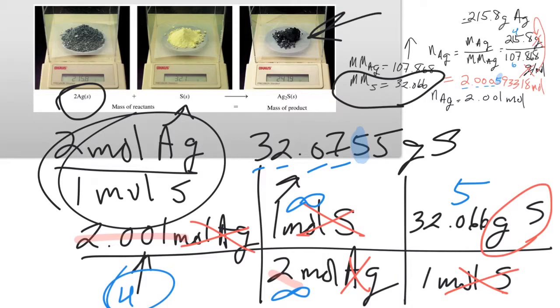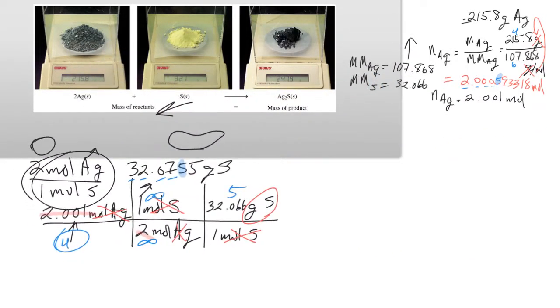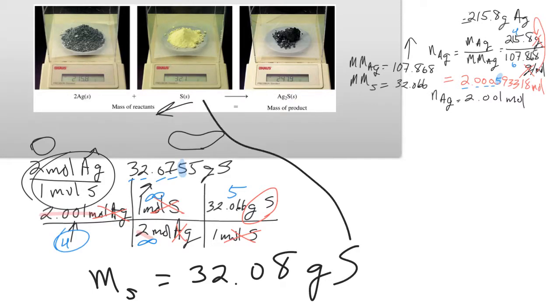So the mass of sulfur here is 32.08 grams of sulfur, which is essentially the same as 32.1 if you're rounding it to 3 significant figures or to the first decimal place. The balance there only goes to 1 decimal place, so it doesn't necessarily work as well. But 32.08 would technically be the correct answer. The balance in that picture is not good enough to show that level of precision. So as you can see, this one works out exactly as we would expect it.